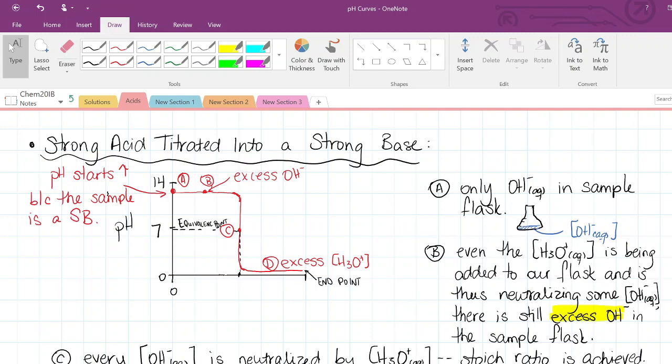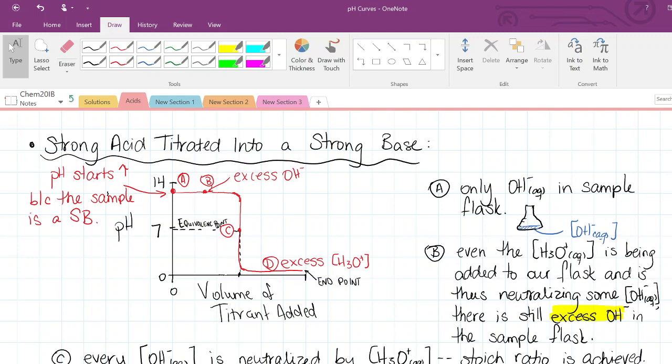When our volume of titrant added, let's add a little label here, when our volume of titrant added is 0, so when it's just strong base in the Erlenmeyer flask and we've added 0 milliliters of titrant, or 0 milliliters of strong acid, our pH of that sample is going to be roughly about 13 in this case.